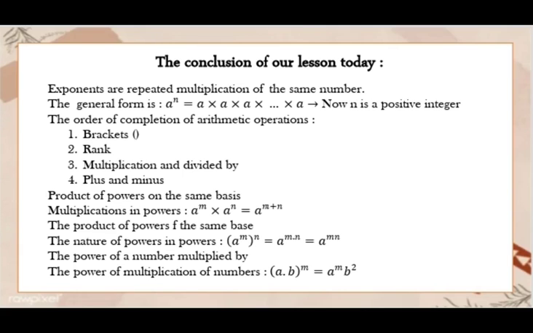Power of a product: a multiplied by b, in brackets, to the power of m equals a to the power of m multiplied by b to the power of m.